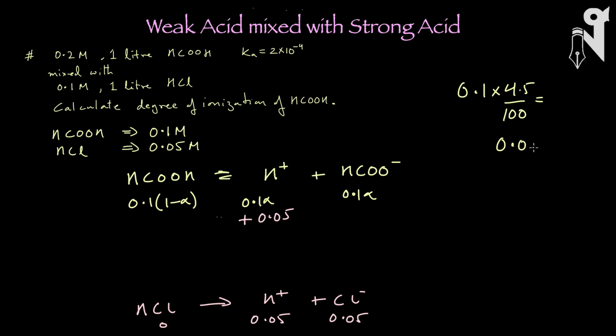So your H plus contribution from formic acid, had there been no common ion, would have been so much, right? This was the contribution of H plus from formic acid had there been no common ion of H plus from HCl. Now there is H plus from HCl, and hence this reaction is suppressed backwards.